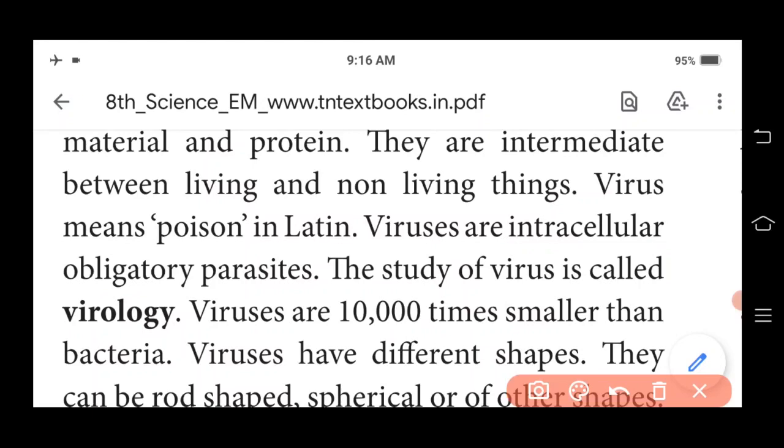The study of virus is called virology. Another 2 mark question: define virology. The study of virus is called virology. Viruses are 10,000 times smaller than bacteria.